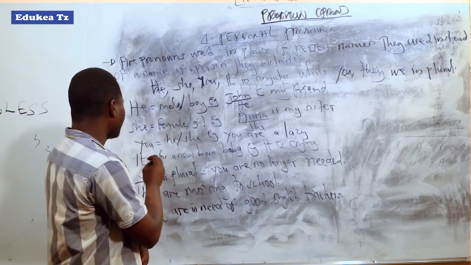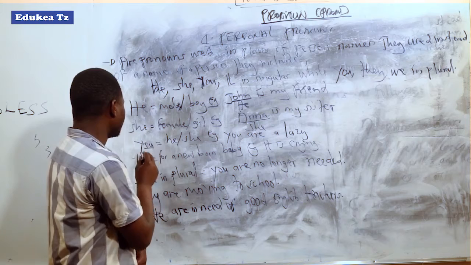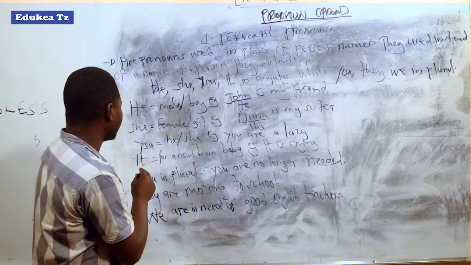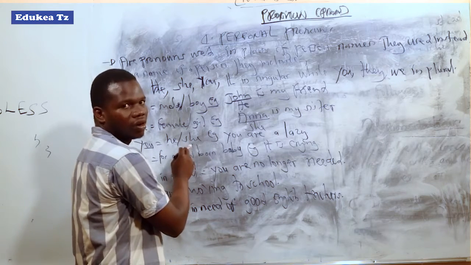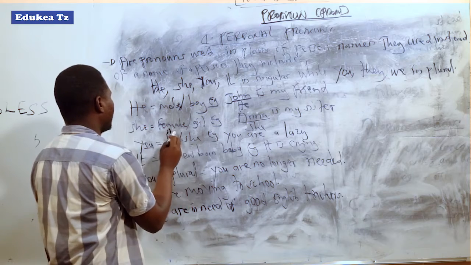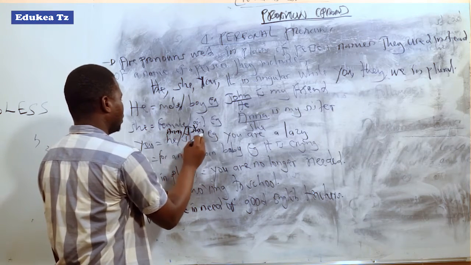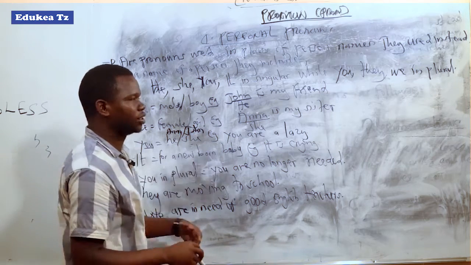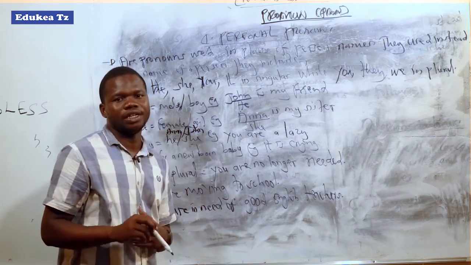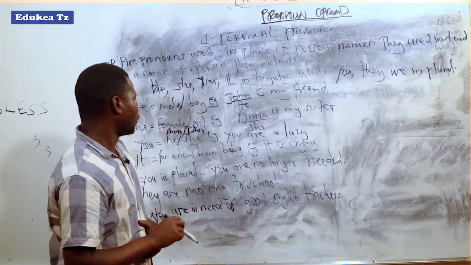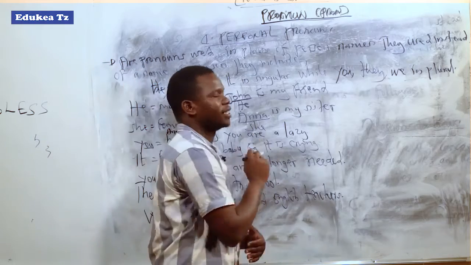Again, we have you. This you can be used instead of he or she, or instead of Anna or John. We use you, that is, in Kiswahili, wewe. For example, you are lazy.